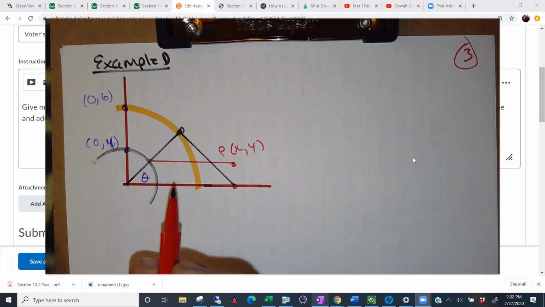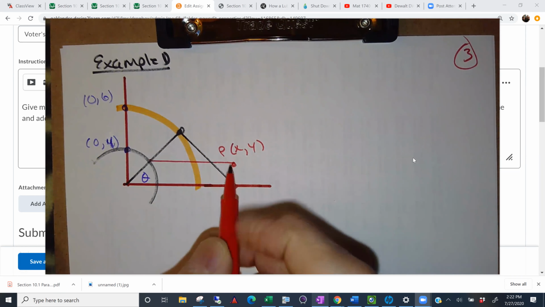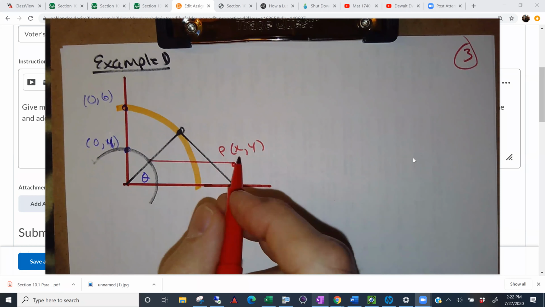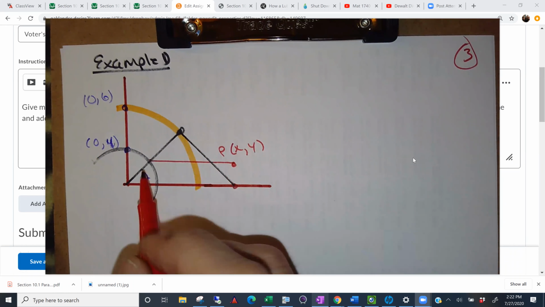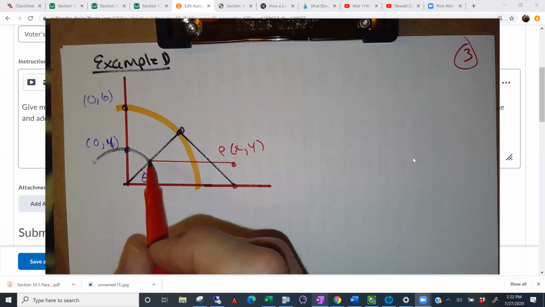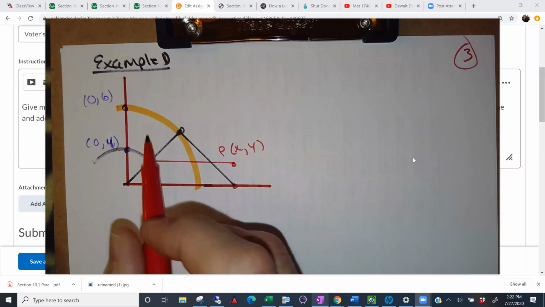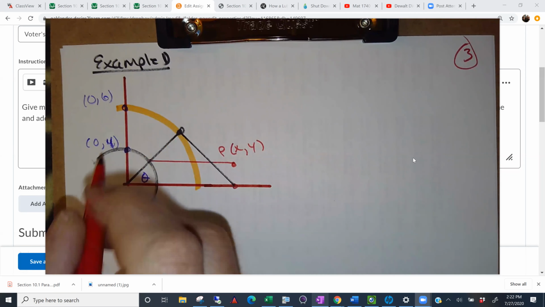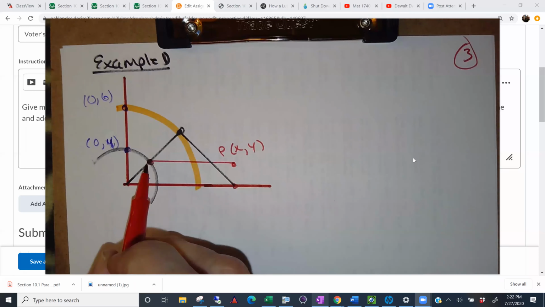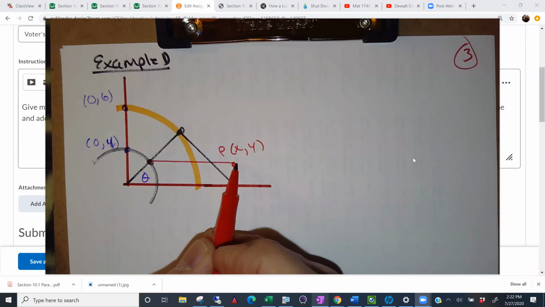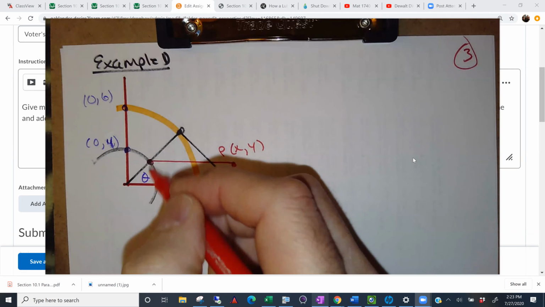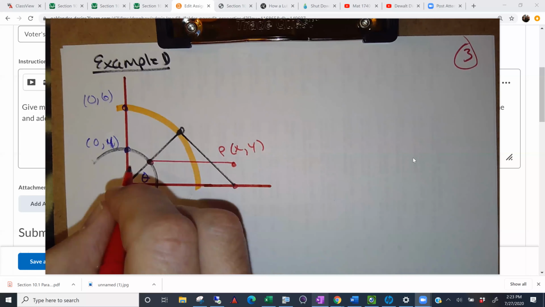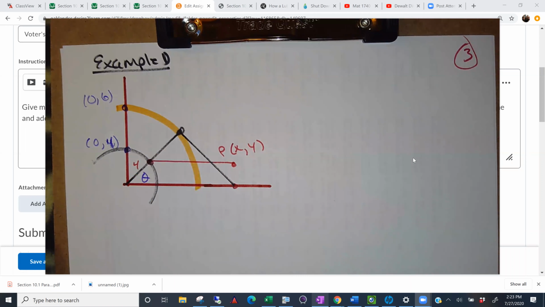Now, the x and y coordinates of this point, call it point P, both relate to theta and the radii of the circle. For instance, the y coordinate here is just going to be the height of my point on this circle. So I can put that as a 4 here if you'd like.